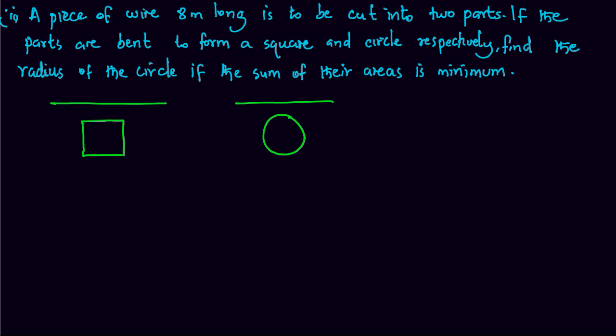So we can let this be x. We'll have 8 minus x that will be used to form the circle. The dimensions of the square will be x over 4.